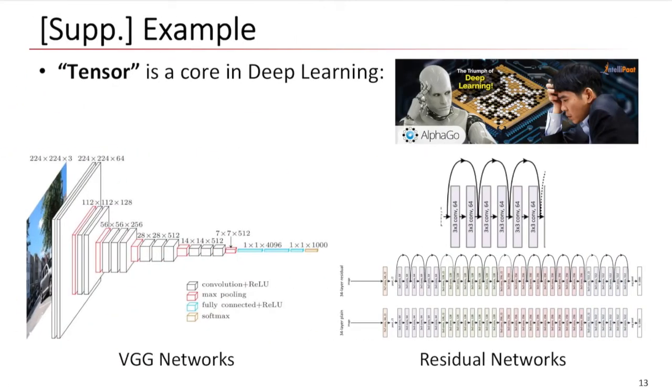Why is it important? Let's see an example. I'm not sure how many of you are familiar with deep learning, but I guess most of you have heard about deep learning, or AlphaGo, which is an algorithm to solve the Go game made by Google. It was a revolutionary success of deep learning, and nowadays we are living in a deep learning world.